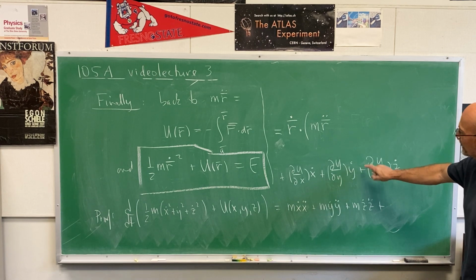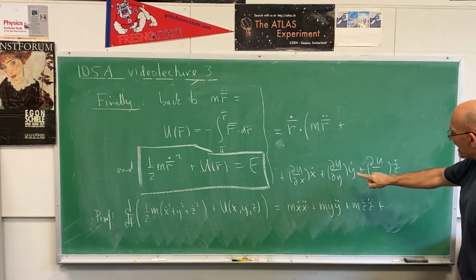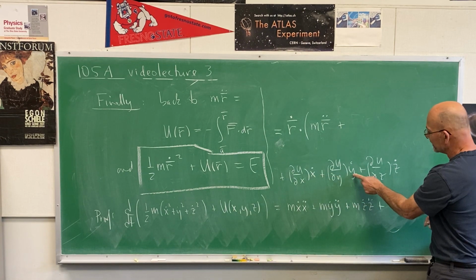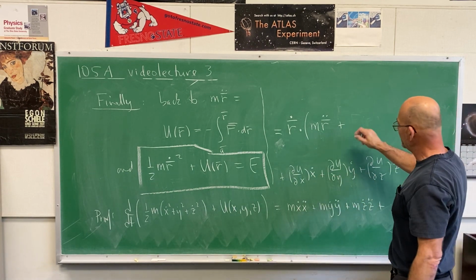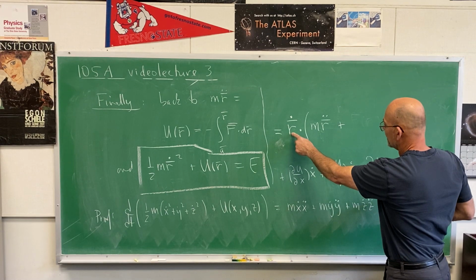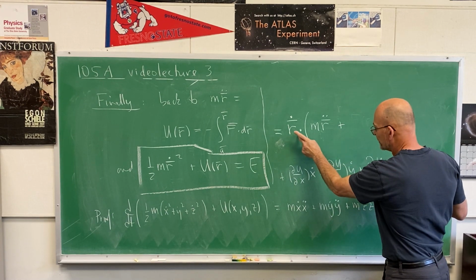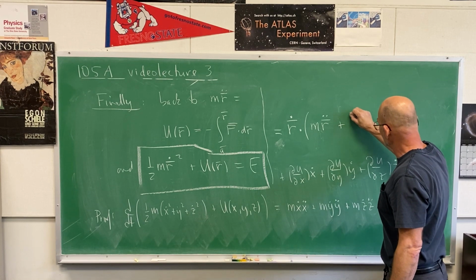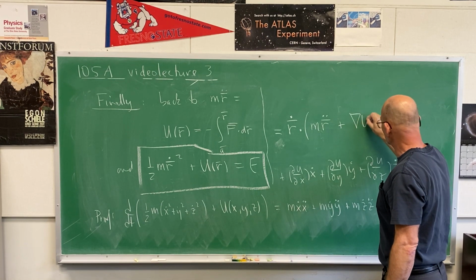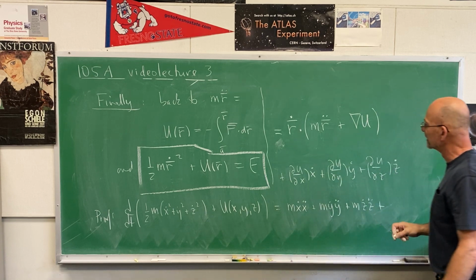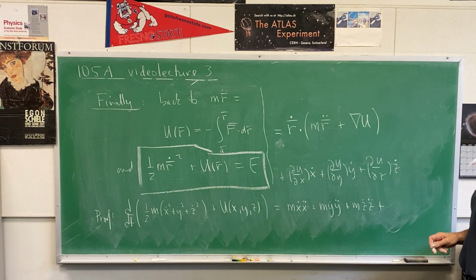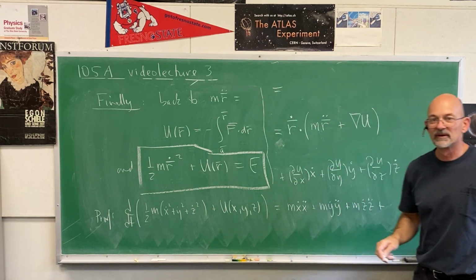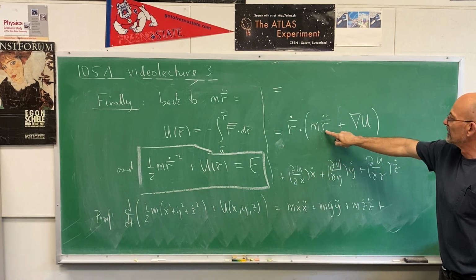What about here? Here I have the scalar product between the gradient and the velocity. So that would be the velocity scalar product pulled out here, common factor, and I have plus the gradient of U, working up here equals, what is this?